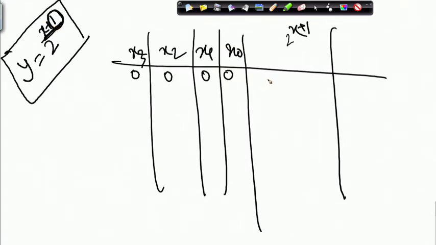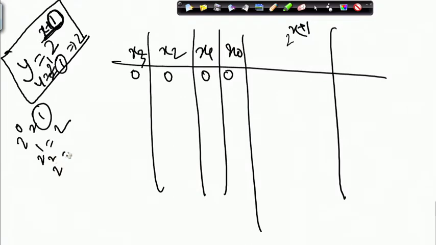Initially, when we were finding 2 to the power x, for 0 it started from 1, because 2 to the power 0 is 1. But here, y equals 2 to the power 1, that is 2, then 2 to the power 2 is 4, then 2 to the power 3 is 8, something like this it was following.